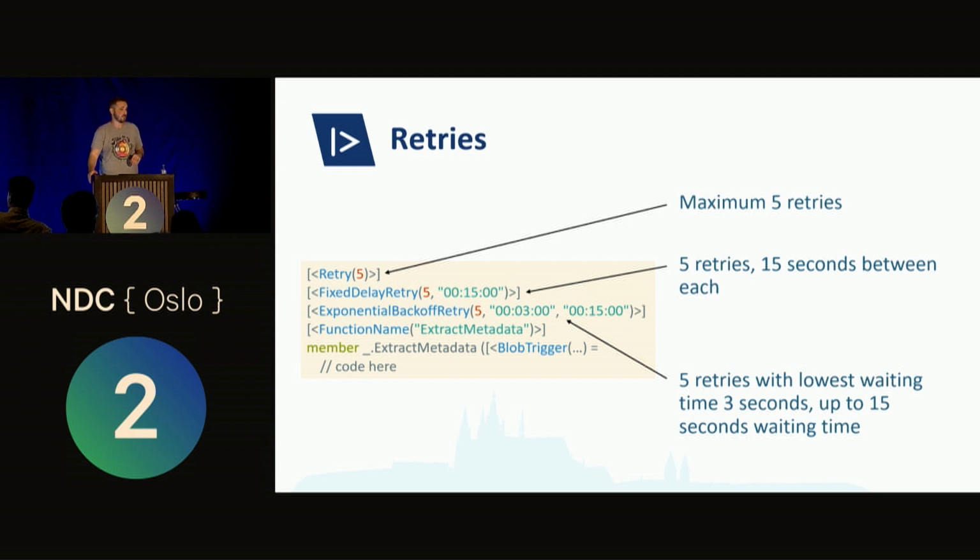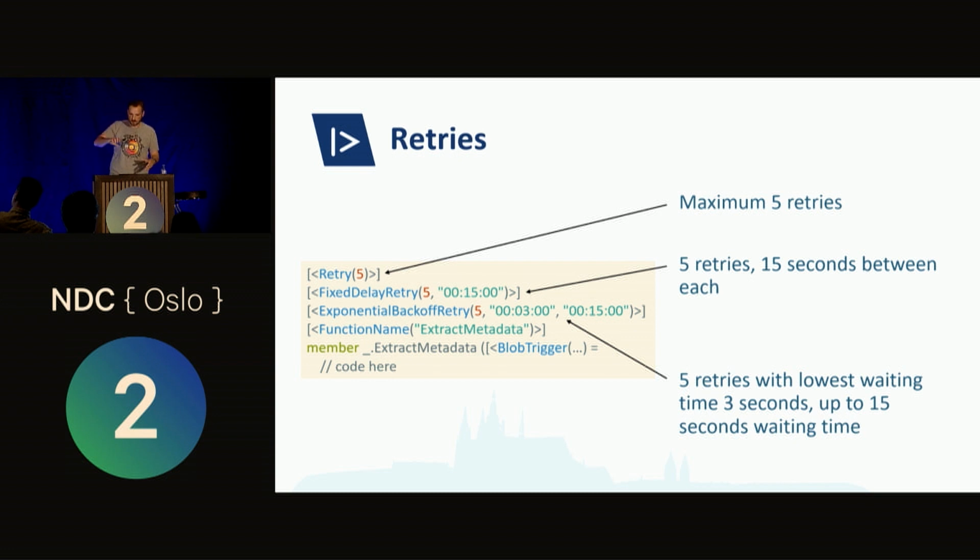And as far as I know, Azure Functions will try to re-invoke itself 5 times, and when it fails, it just fails. But if you want to tweak it, you can say how many retries it should try, or for example, what the delay is. Do it 5 times with 15 seconds between each.